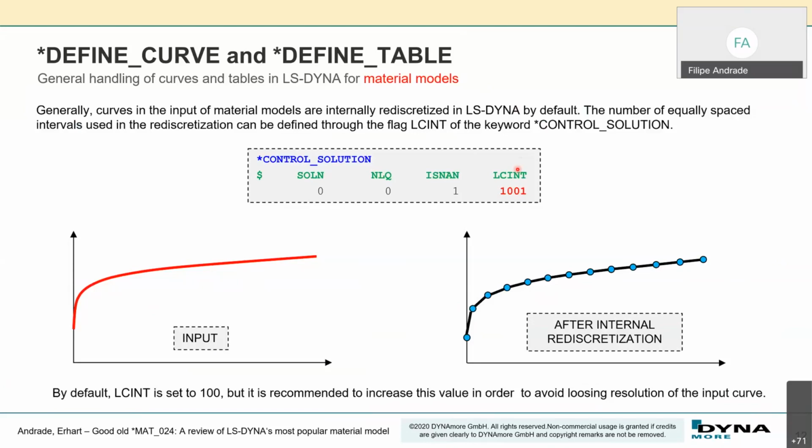It doesn't matter if these material cards are being used or not. And if you have a very high LC int, then you might get memory problems from your hardware. So you need to choose a reasonable value, but again, in our experience, 1000, 1001 is a good value.